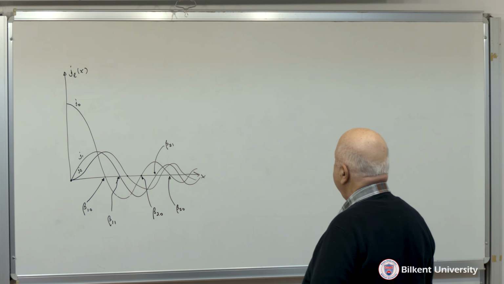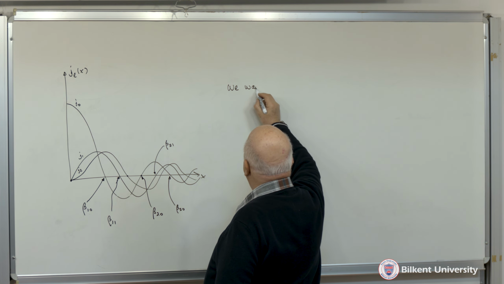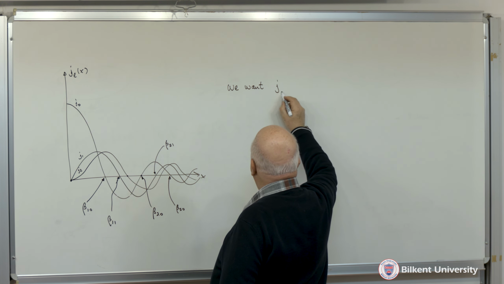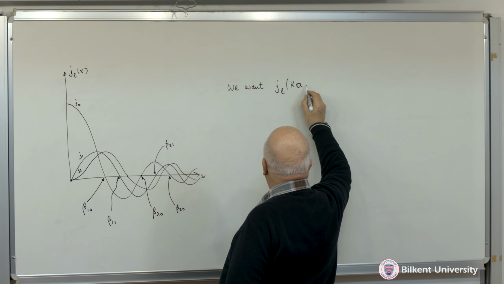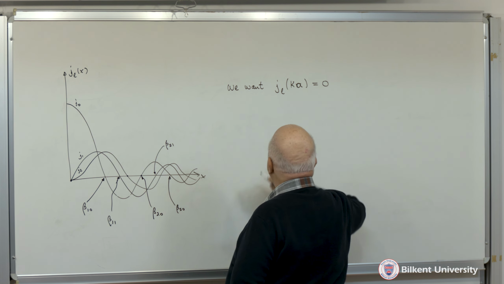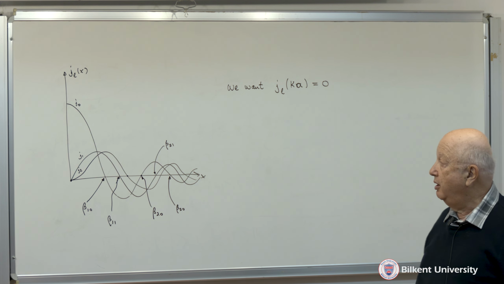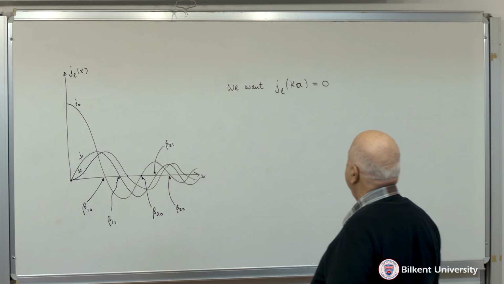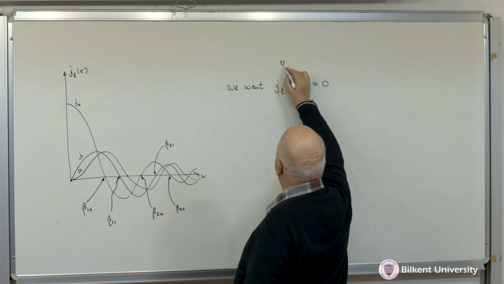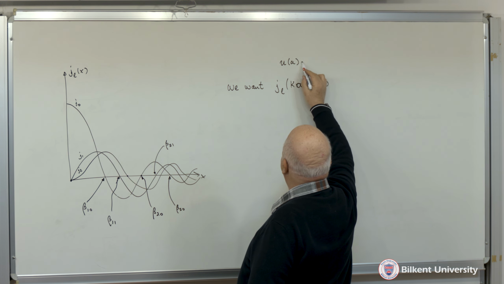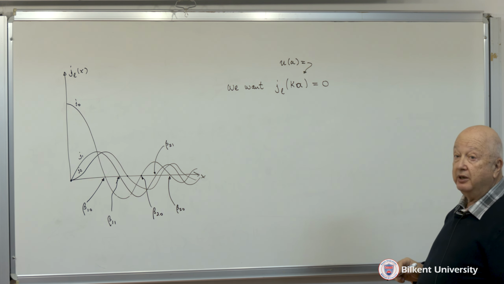Now, we want J_L of k a, k at a, equal to 0. We want the wave function U at a, because this is equal to U at a, to be equal to this. So how do I accomplish that?